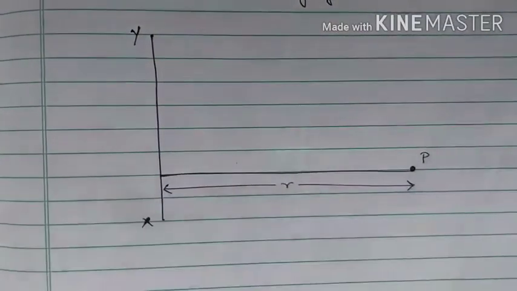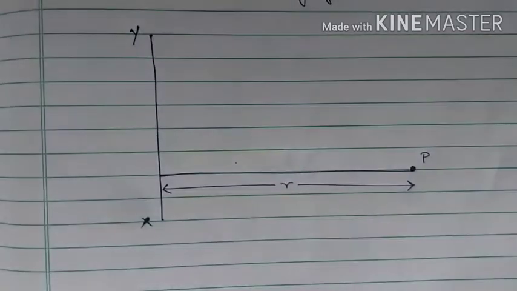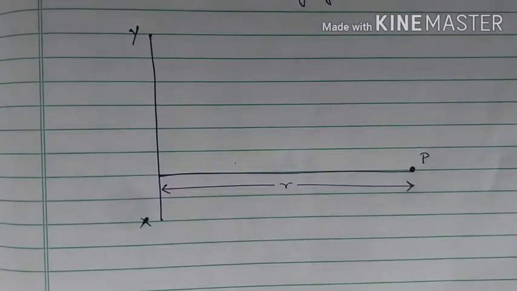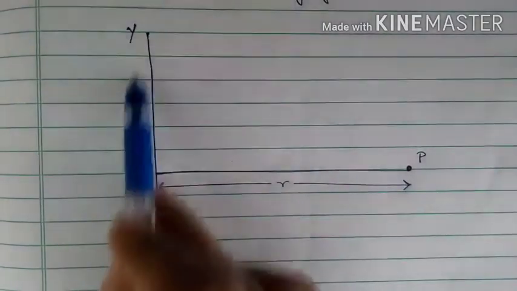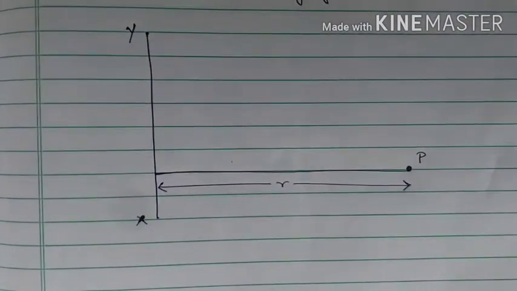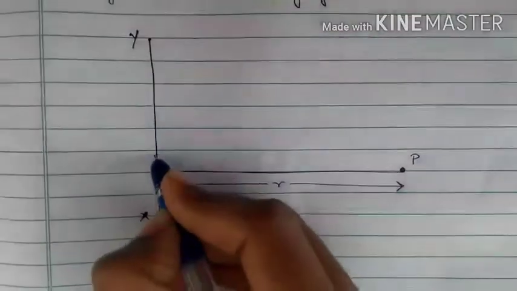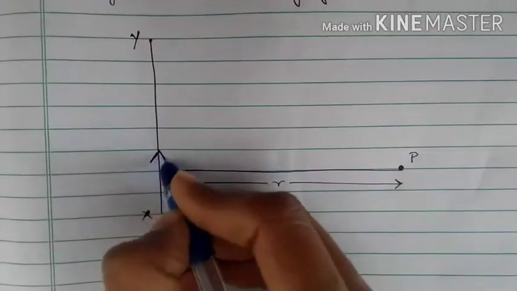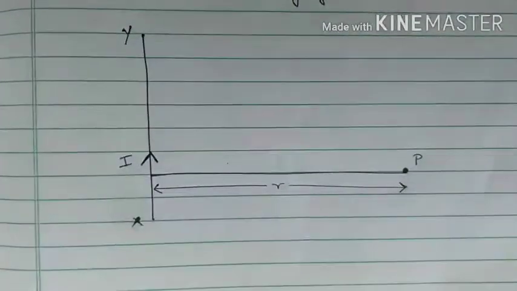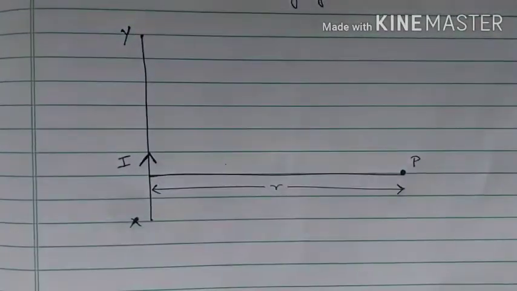So from here to here it is r. This point P will be at a perpendicular distance from the XY conductor, and this XY carries a current in this direction. So here you have current I. The current is moving from X to Y.